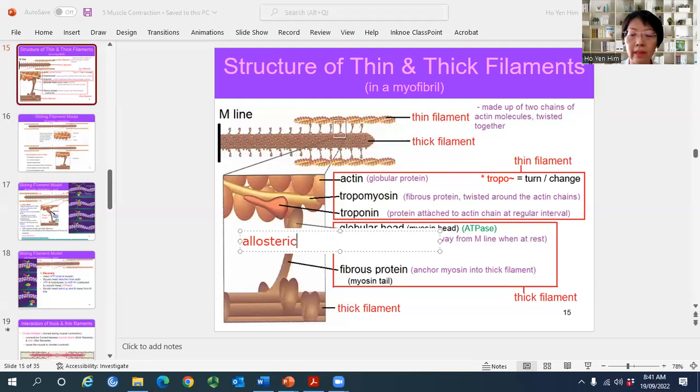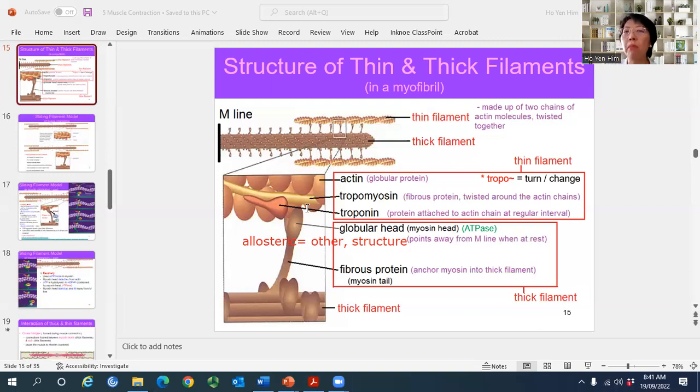Allosteric: allo means other, steric means structure. That means when something binds to it, because it needs to hold that structure, it will change shape. So the one that changes shape is troponin. When troponin changes shape, because tropomyosin is attached to it, tropomyosin will also move. It will not change shape, it moves. So the one that changes shape is troponin.